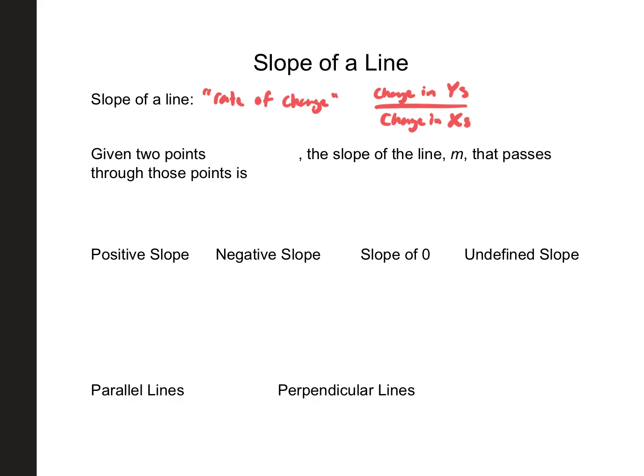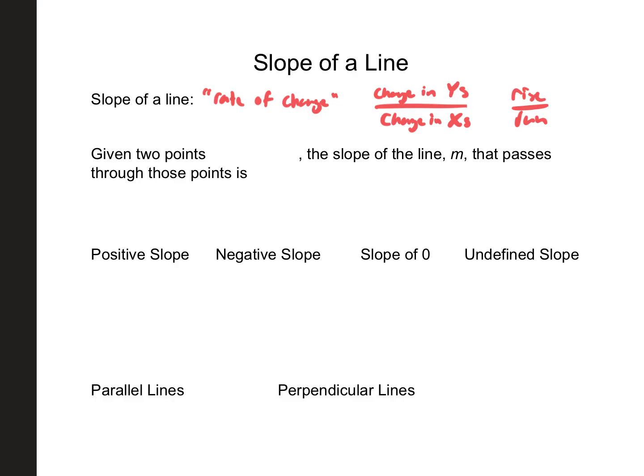Some people refer to the slope of a line as the rise over run. There's so many ways that you could talk about slope in different contexts, science classes and math classes. And so it just kind of depends on how you see it.